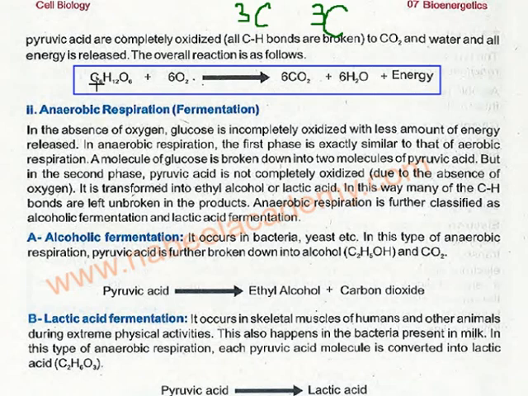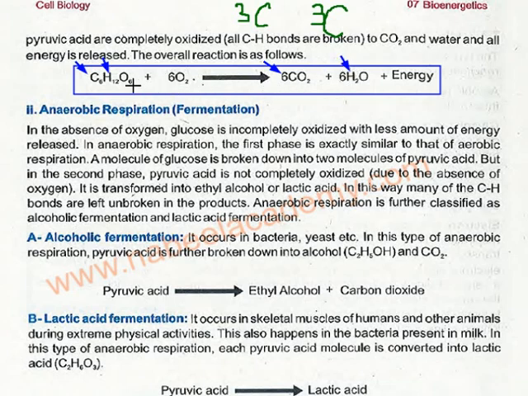So if you count the number of these atoms, that will be the same: 6 carbon, and here also 6 carbon. Hydrogen: 12 hydrogen here, and here 6 twos are 12, again 12 hydrogen.